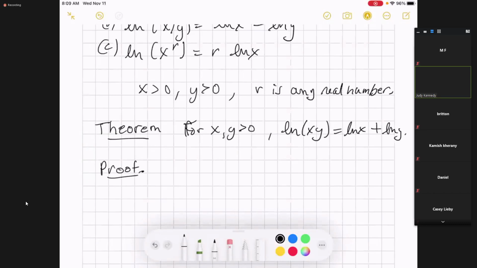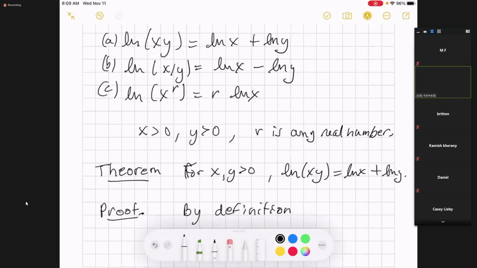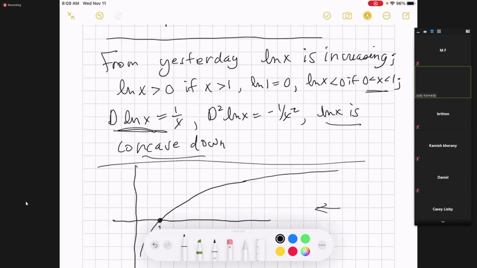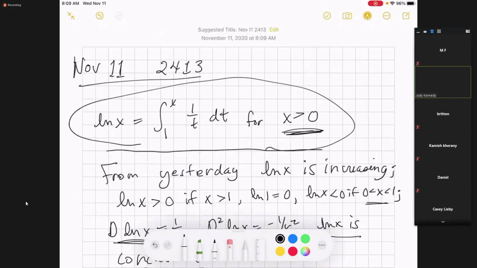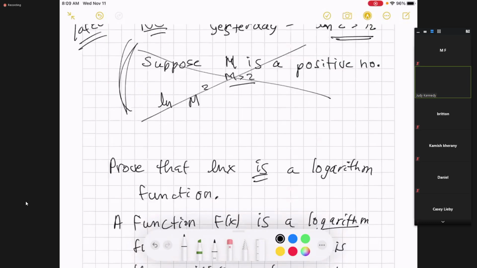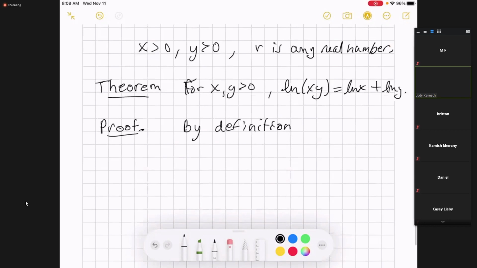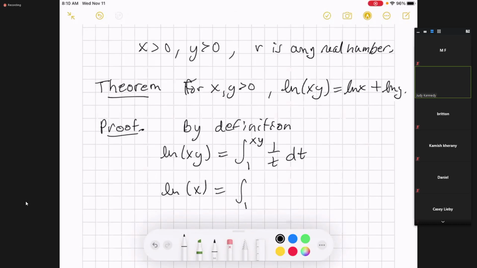Okay. Well, by definition, ln of x times y is the integral from 1 to xy of 1 over t dt. ln of x is the integral from 1 to x of 1 over t dt.